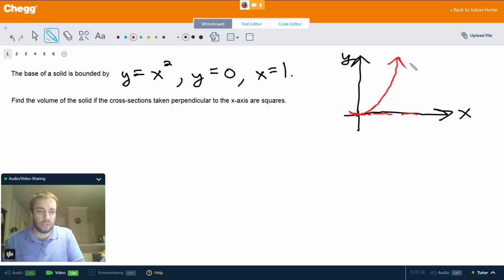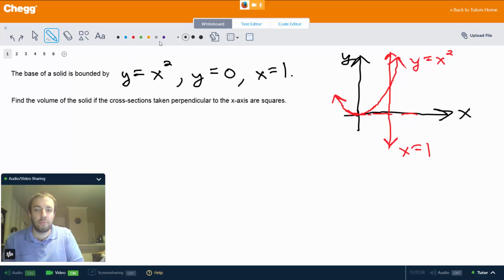Then x equals 1 is this vertical line here. Yes, y equals x squared continues off in the other direction, but we only care about the base of the solid, which is this shaded area in here. That's the base of our solid.